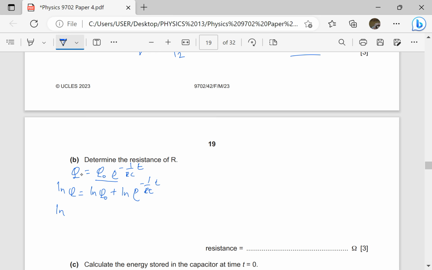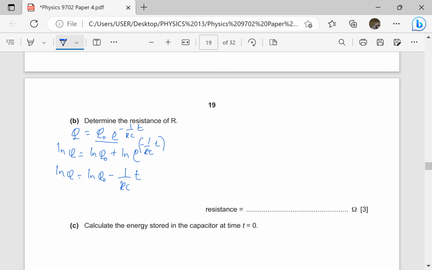So it means ln of Q is equal to ln of Q naught minus, because ln of e power will remain with only the power, so it will be minus 1 over RC times t. So if you compare this with the equation y is equal to mx plus c, I'll rearrange for those who don't do math. ln of Q is equal to negative 1 over RC times t plus ln of Q naught.